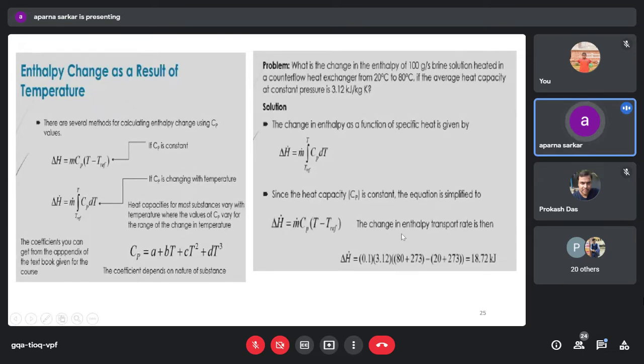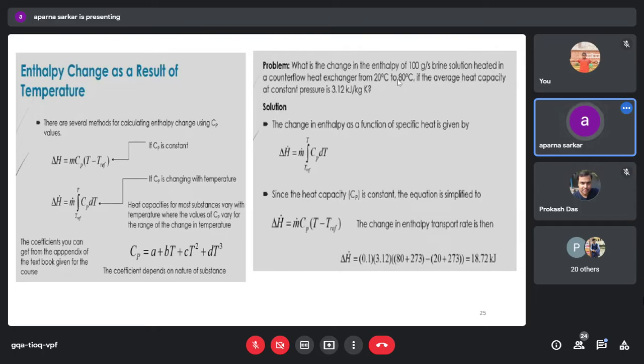Now one problem we can see, to understand all the theories. What is the change in the enthalpy of a 100 gram per second brine solution heated in a counter flow heat exchanger from 20 degrees centigrade to 80 degrees centigrade?